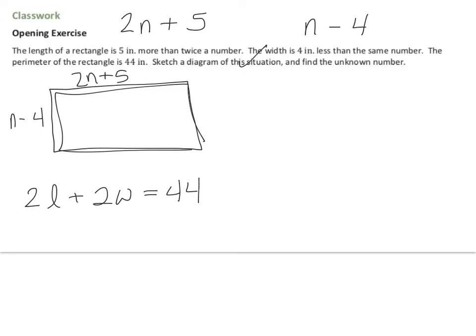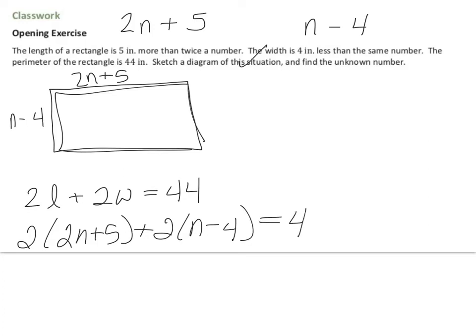Well, we can do that because I know what perimeter is. So I can do 2 times the length plus 2 times the width equals 44. Let's go ahead and distribute. 4n plus 10 plus 2n minus 8 equals 44.